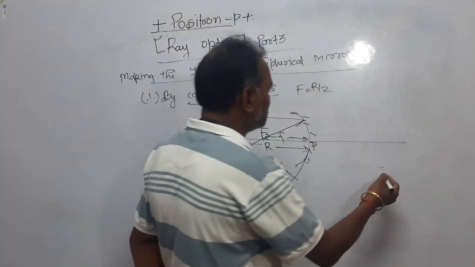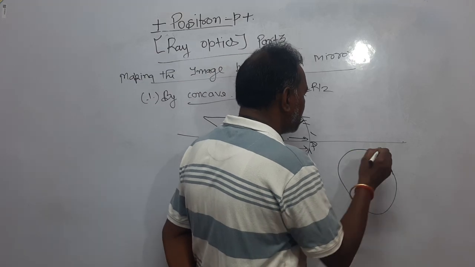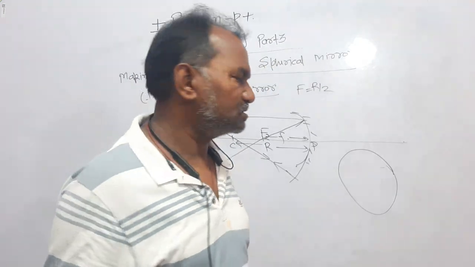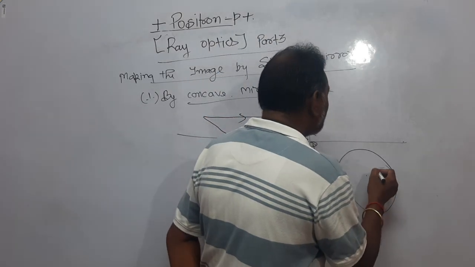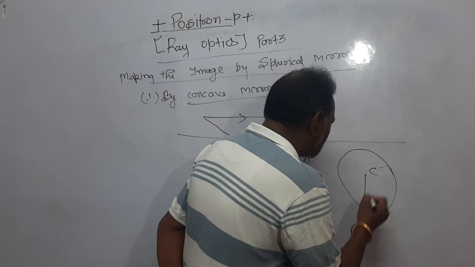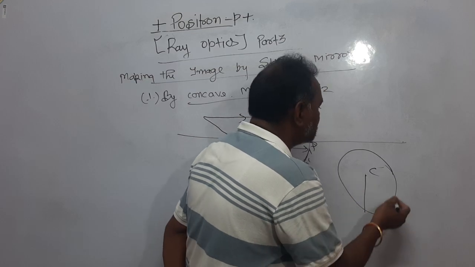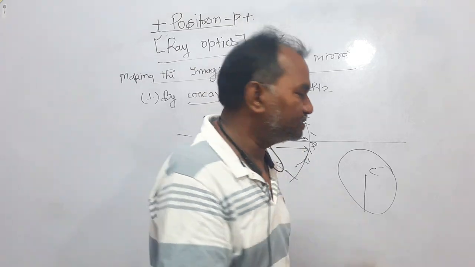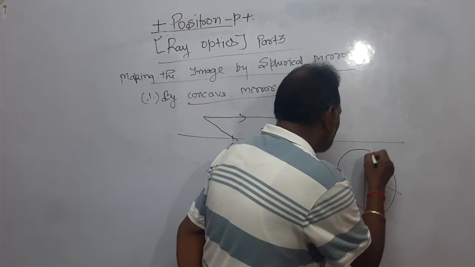Actually, dear students, every spherical mirror, whether convex or concave, is a part of a sphere. This is the center of the sphere. And any ray meets the circumference of the sphere from the center, right?